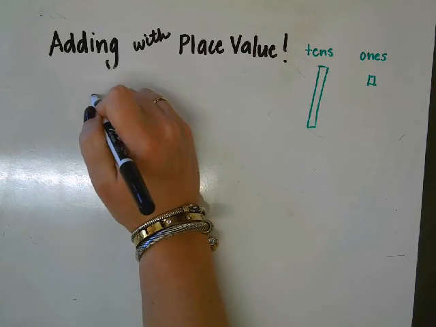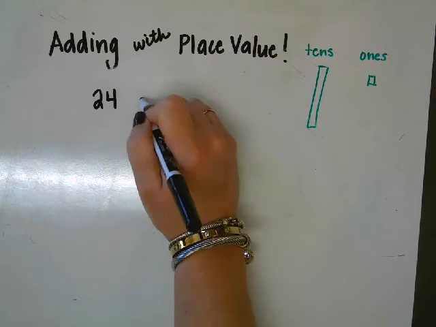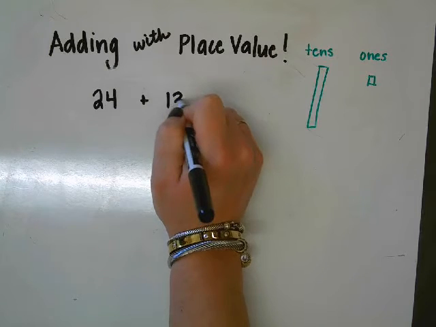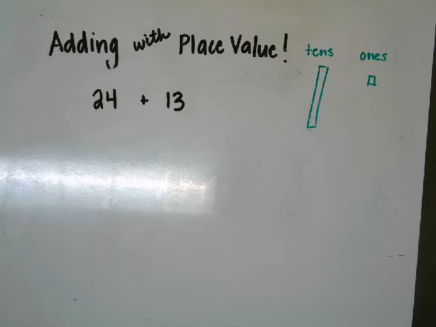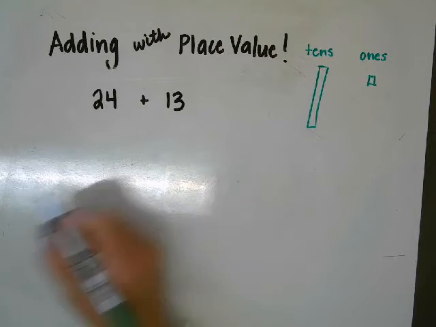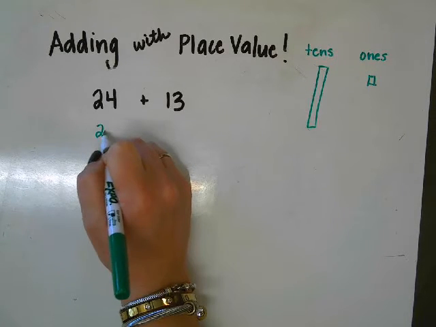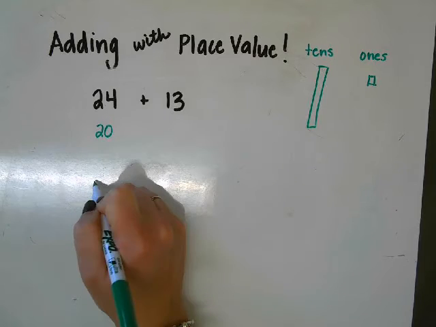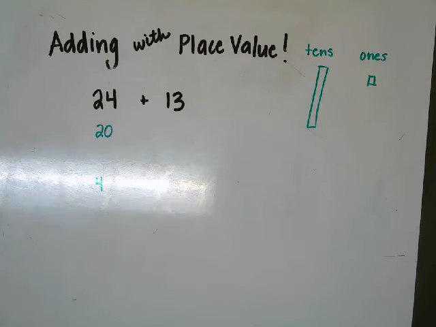If I want to add 24 plus 13, I want to think of that as my tens and my ones. So 24 has 2 tens, which is 20, and 4 ones. So let's build that.